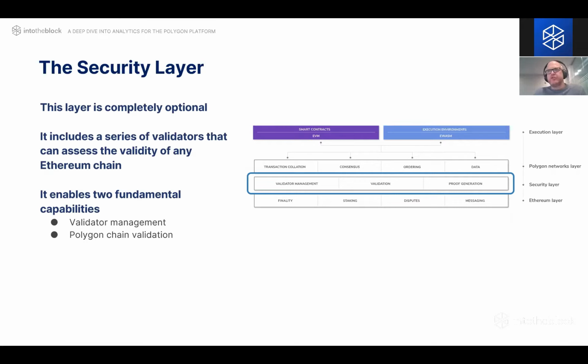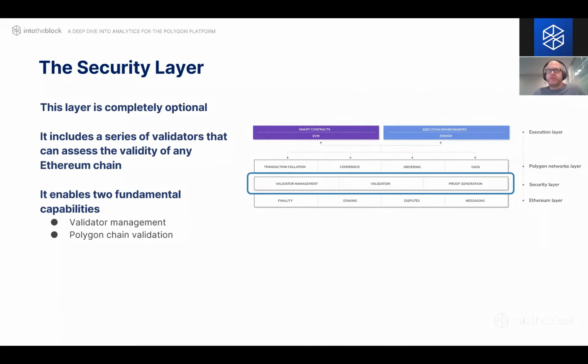On top of that, Polygon builds a validation layer that you can completely bypass if you decide to do so. But the way you should think about this is a network of validators that could check the state of transactions in that underlying Ethereum network for a specific fee, right? And there are entities hosting validators, and you can earn a fee doing that.